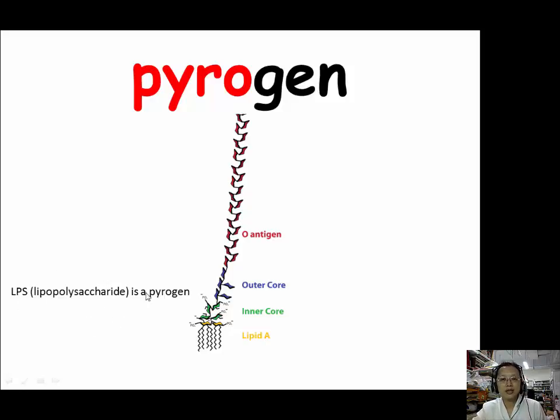LPS, which exists in bacteria, is a pyrogen. When we are infected with bacteria, we will have fever, and fever is actually a reaction toward the lipopolysaccharide of gram-negative bacteria. So we can say LPS is a pyrogen.